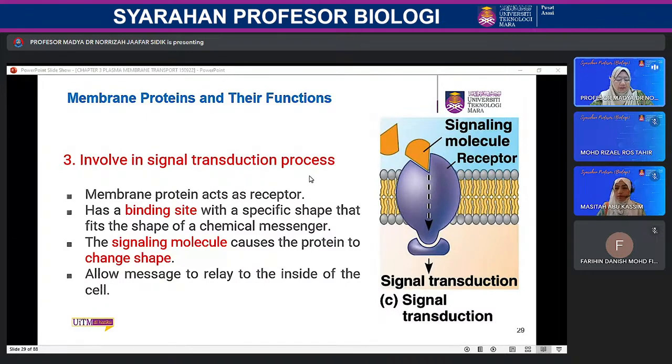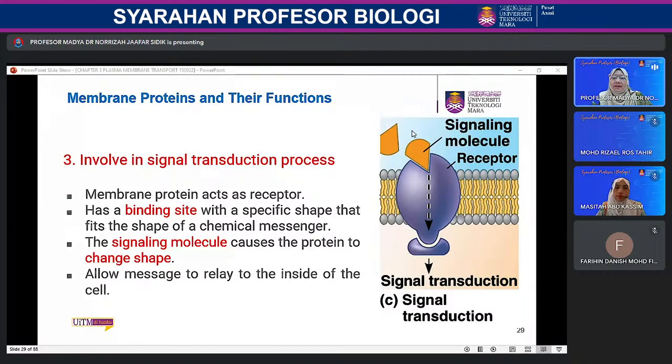Here you can see the membrane protein acts as a receptor. It also has a binding site, where the binding site has a specific shape that fits the shape of the chemical messenger.